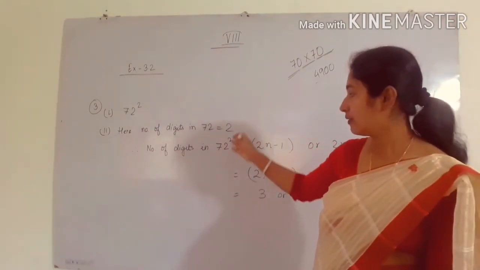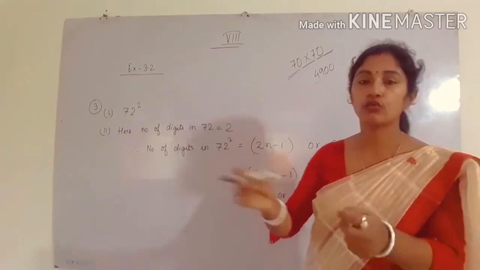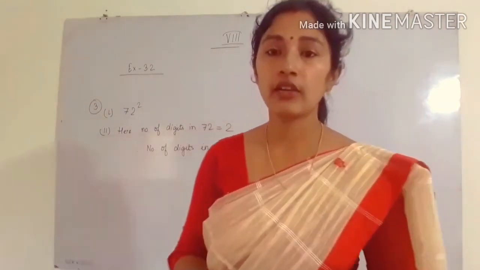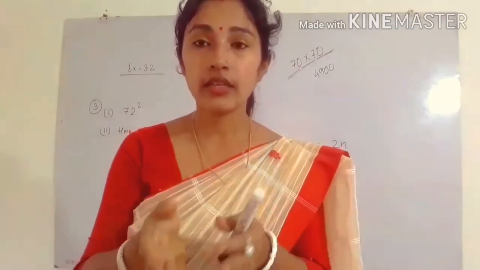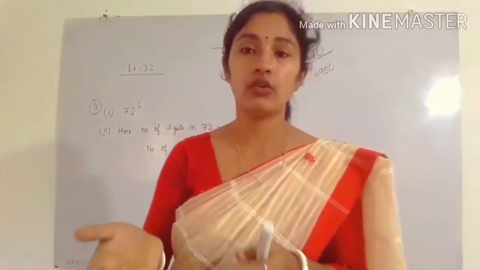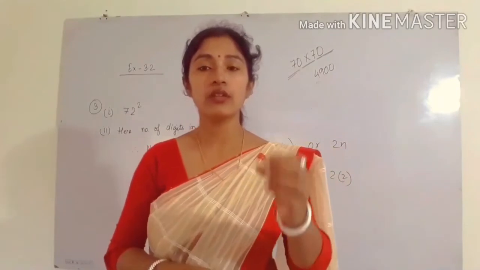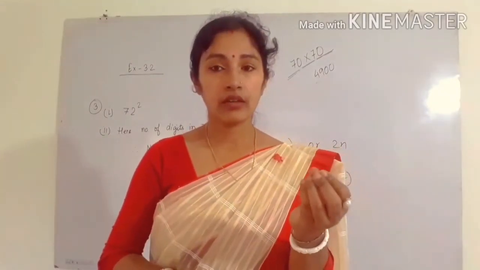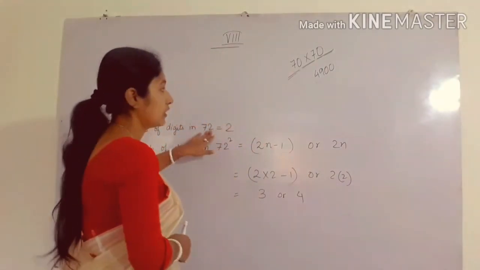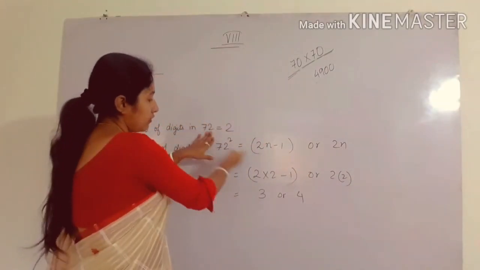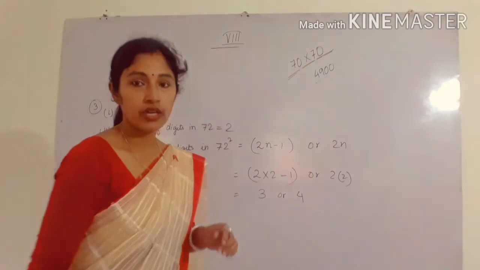I have told you, you have to go to the nearest multiple of 10, and you have to see the lowest one, less than 72, not more than 72. You have to check for less than 72, because if 4 digits are there in a number less than 72, then for 72 it will also be 4. Okay.